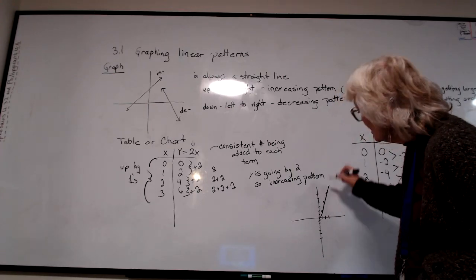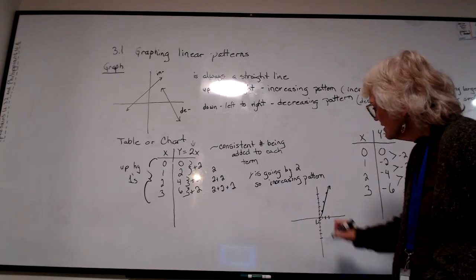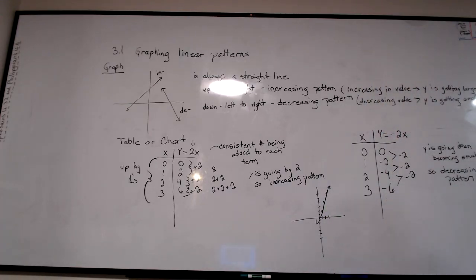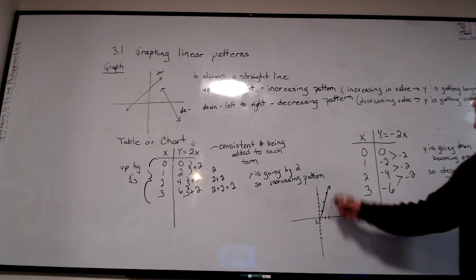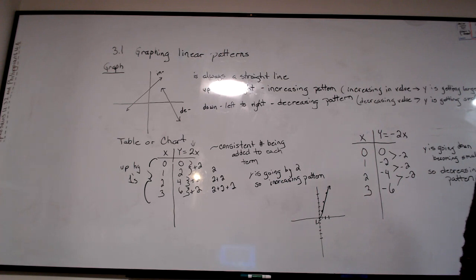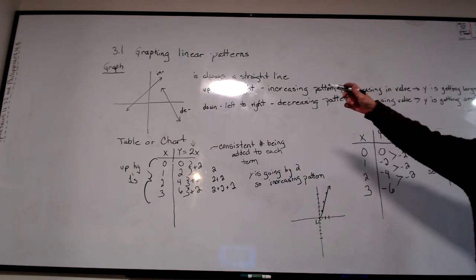Connect the dots. Hopefully you guys have better drawing than I do. Mine's a little wonky. But notice, from left to right, it's going up. That's because it's an increasing pattern. So it fits with our graph picture.